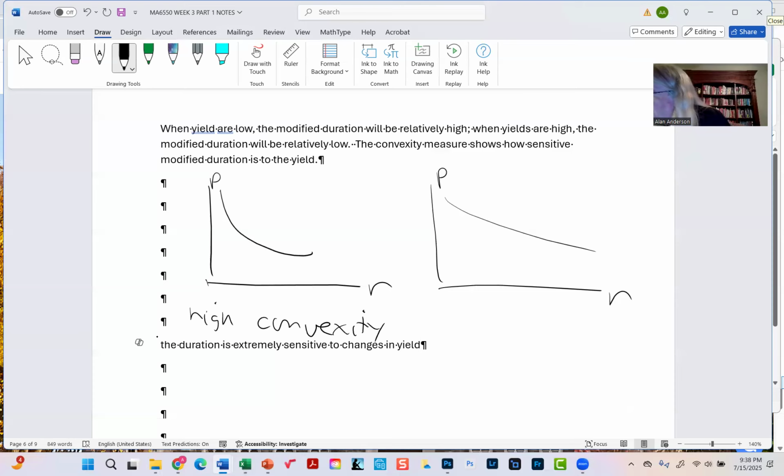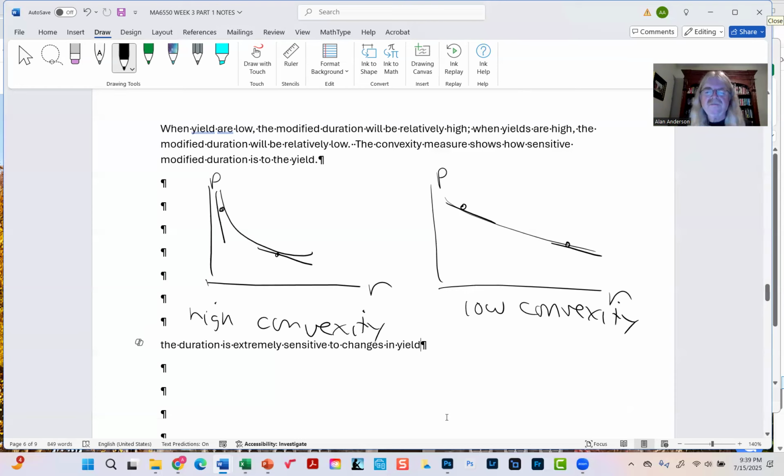Whereas over here, we have very low convexity. And you can probably guess the difference between these two points is very minimal. So here, the duration is not very sensitive to changes in rates.